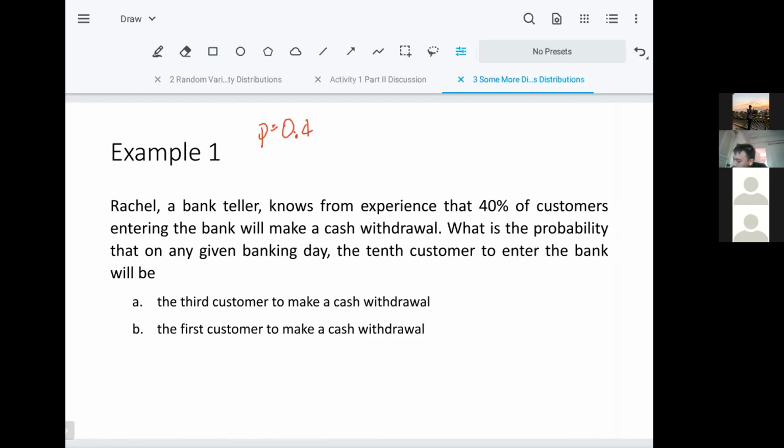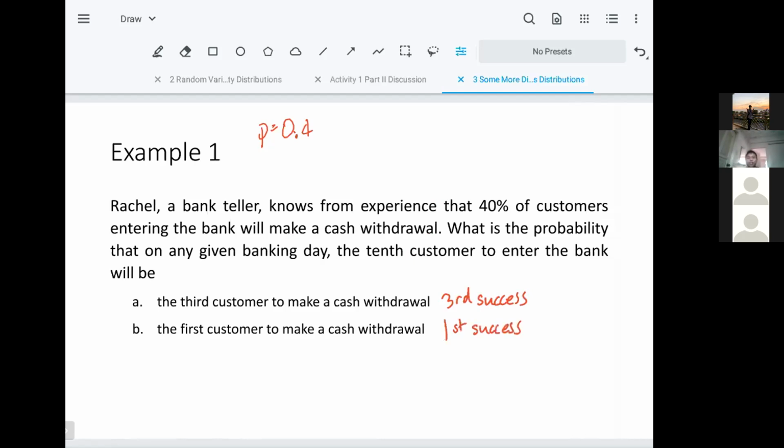Basta, withdraw or not. So p is 0.4. Alright. What's the probability that on any given banking day, the 10th customer to enter the bank will be (a) the third customer to make a cash withdrawal, and (b) the first customer to make a cash withdrawal? Note that (a) is the third success and (b) is the first success.